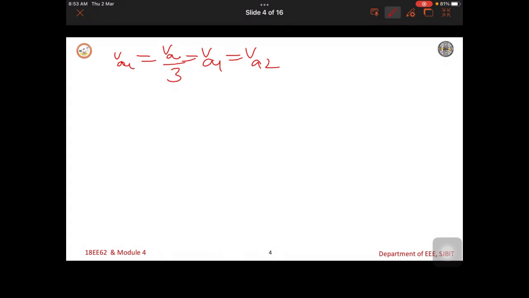It is also to be noted that IA can be written in terms of symmetrical components as IA0 plus IA1 plus IA2, and this value is 0.